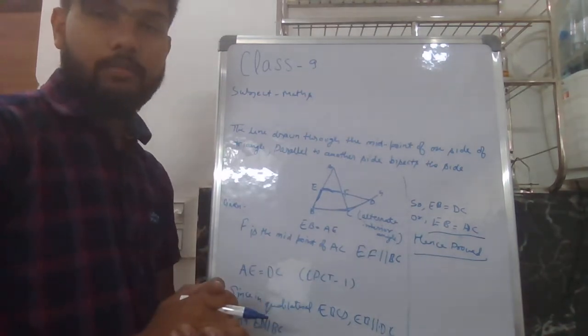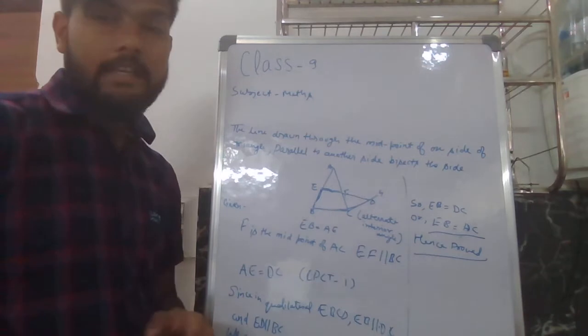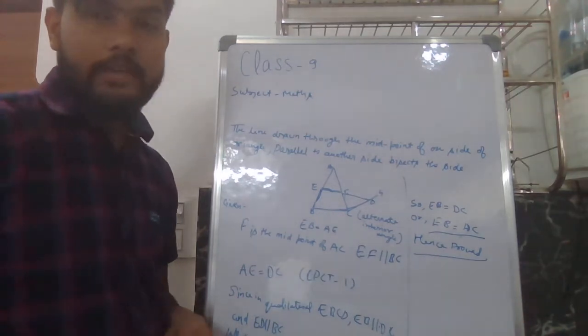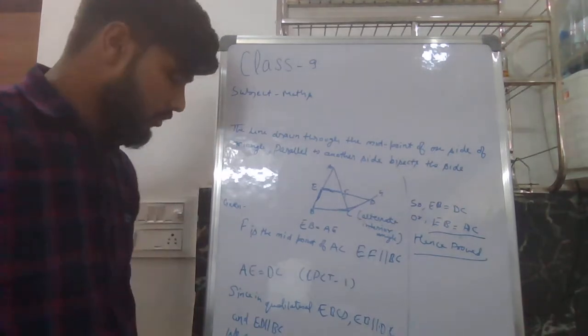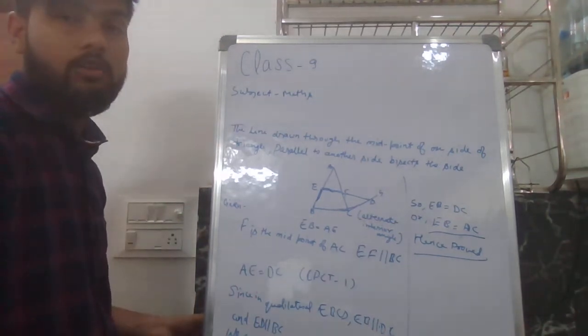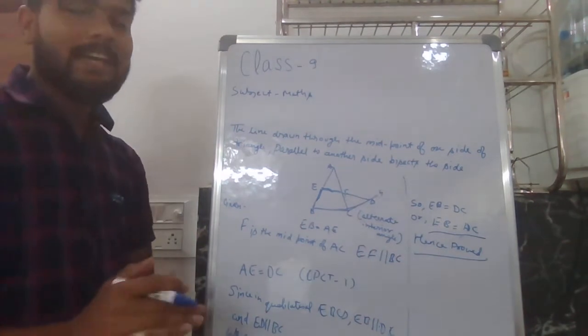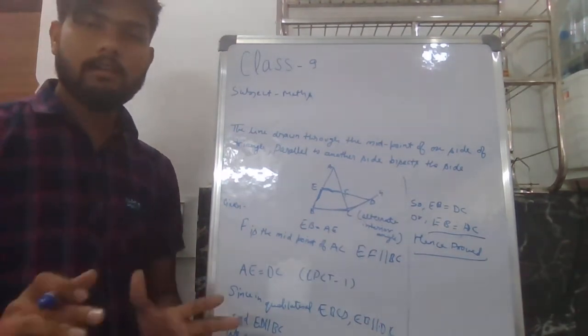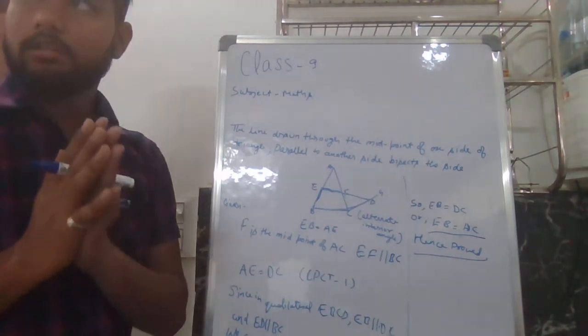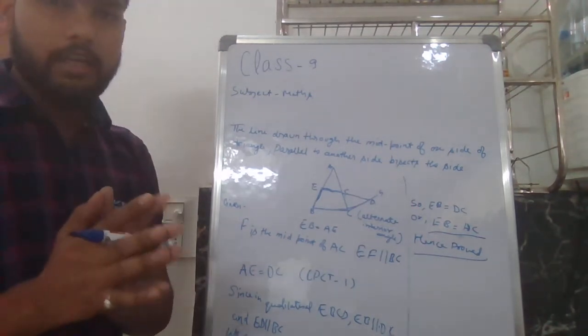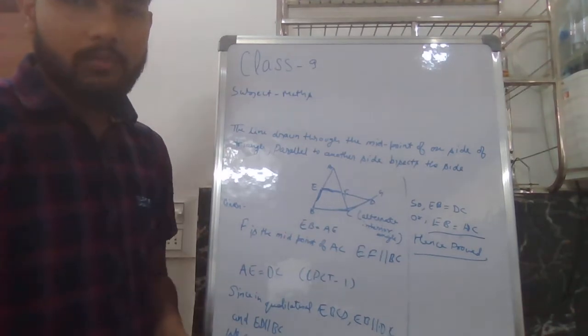Option 1 is correct, or option 2 is correct, or 1 and 2 both are correct, or none of them. You have to tell me your answer. Okay, we can see that both statements are true, so option C will be the right answer. Very good.